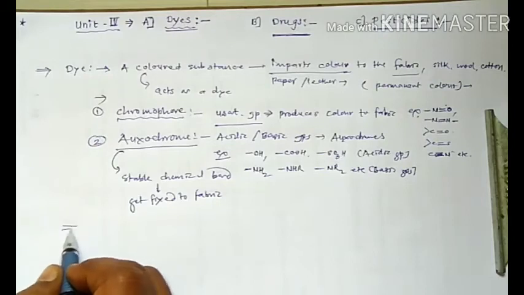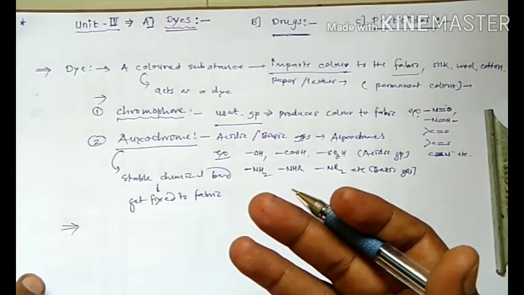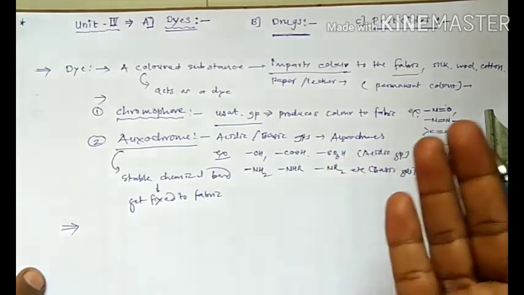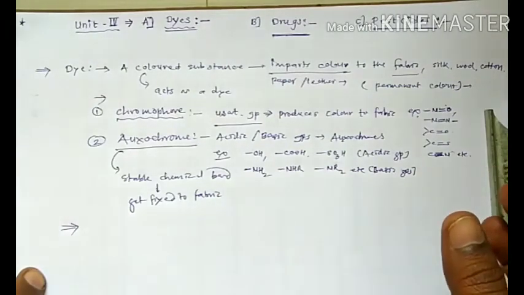So from this you can now define the dye in a very simple way. How can we define the dye? The dye is a colored substance which is formed by the combination of chromophore and oxochrome.